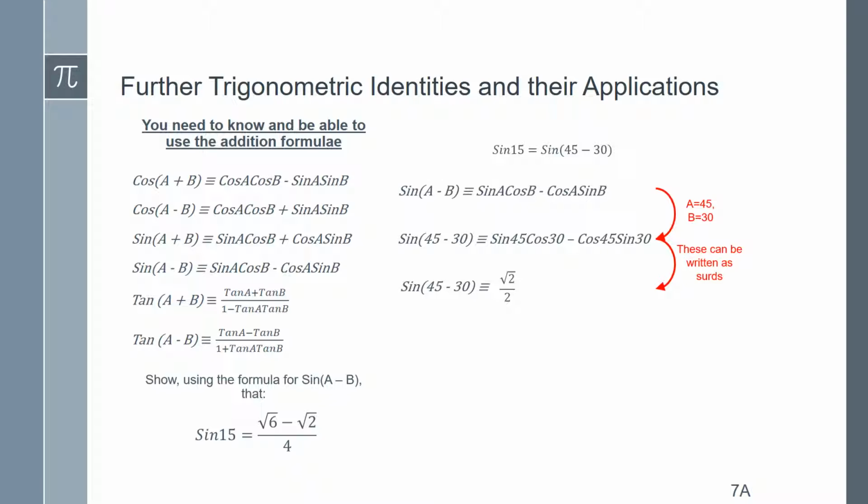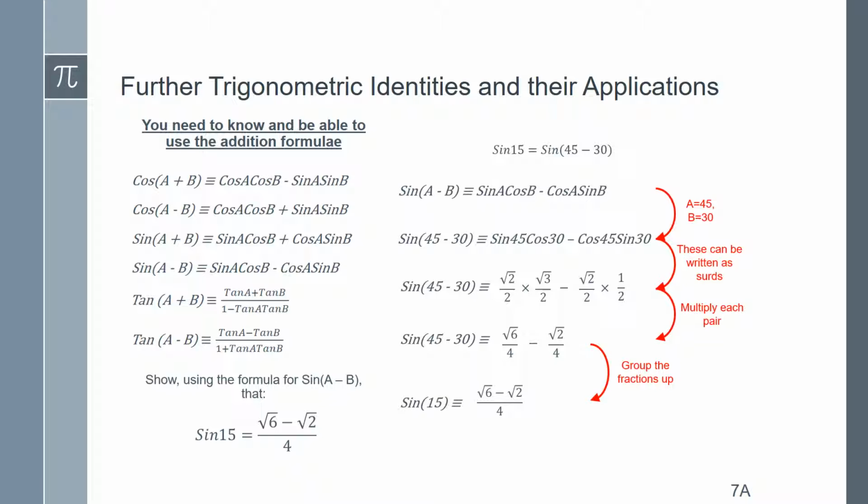Sine 45 is root 2 over 2, cos 30 is root 3 over 2, minus cos 45 root 2 over 2, sine 30, a half. Do a bit of a fraction sum. Root 6 over 4 minus root 2 over 4, and then group them up as you've got a common denominator. Root 6 minus root 2 all over 4.